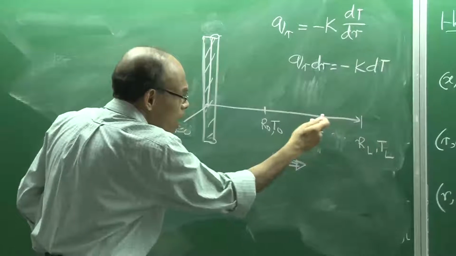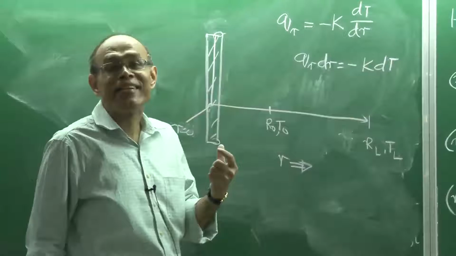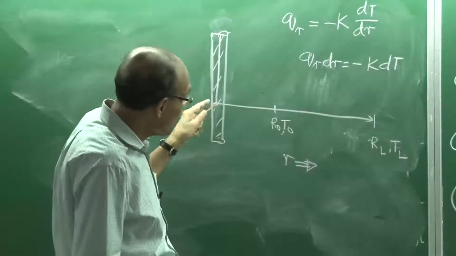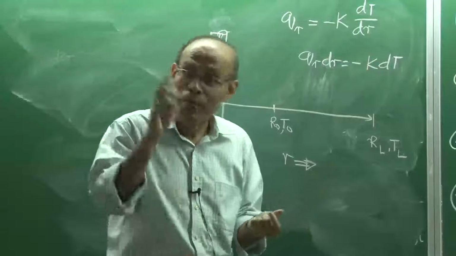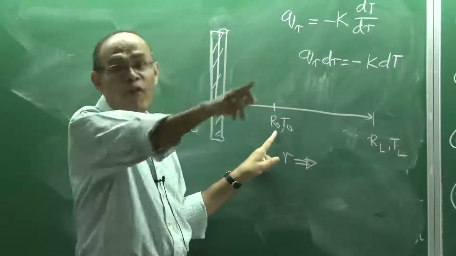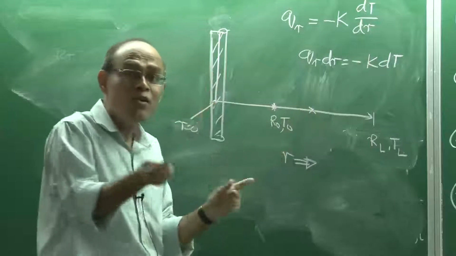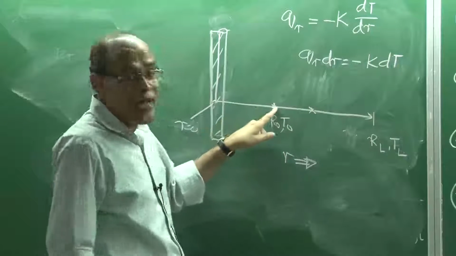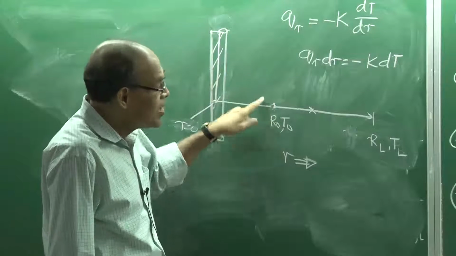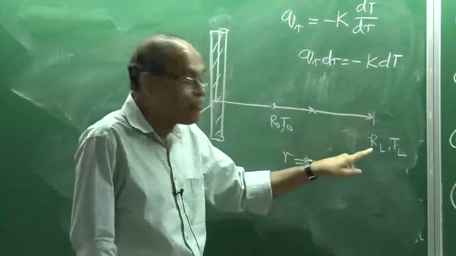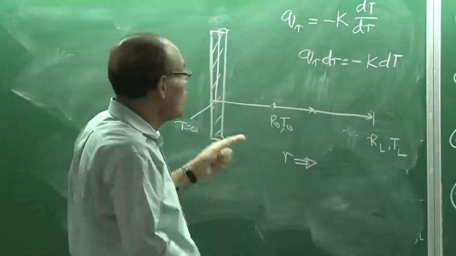That means, as you approach the center of the cylinder, the flux increases. On the other hand, as you move away from the center of the cylinder, the flux decreases, but the net rate of heat flow at this point is equal to qr multiplied by 2 pi r. In this particular case, qr into 2 pi r0 is exactly the same as qr multiplied by 2 pi rL, because it is the net rate of heat flow under steady state condition.